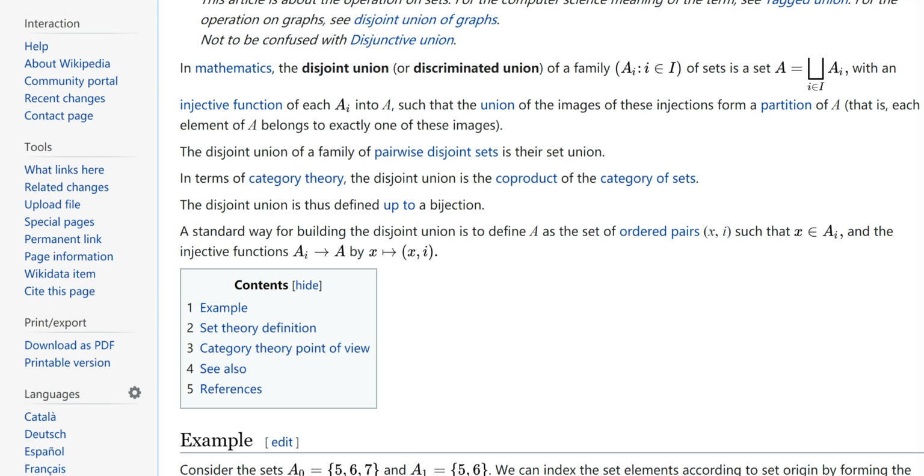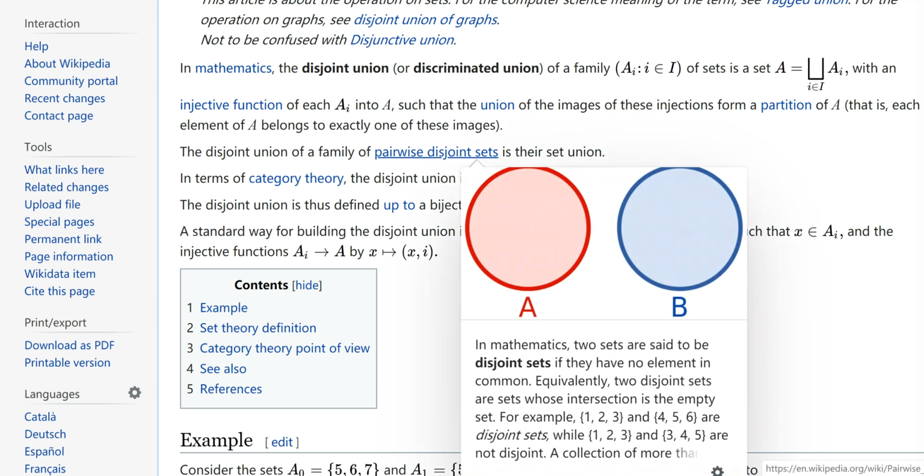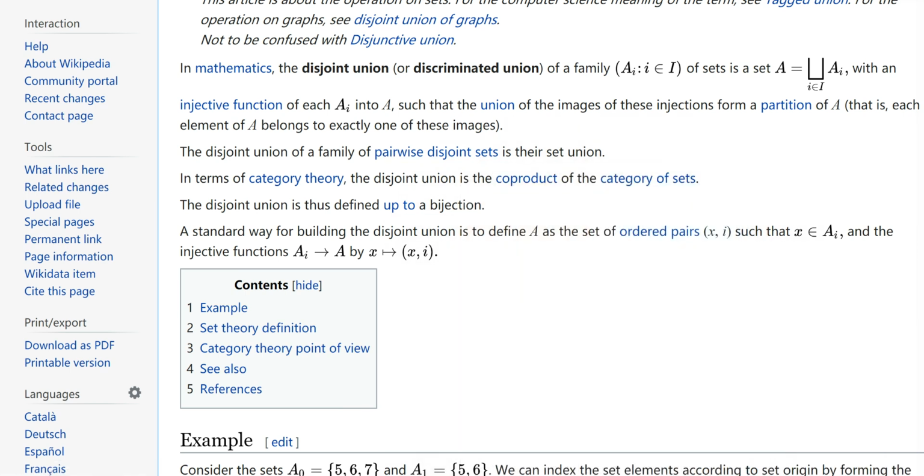The disjoint union of a family of pairwise disjoint sets is their set union. In terms of category theory, the disjoint union is the coproduct in the category of sets. A standard way of building the disjoint union is to define the set of ordered pairs (x, i) such that x is in A_i, and the injective functions φ_i from A_i to A map x to (x, i).